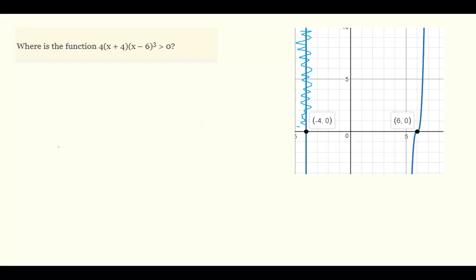It occurs when x is greater than -4, and when x is less than 6. Now we would say or, because in the middle between the two, we can see that it's negative.